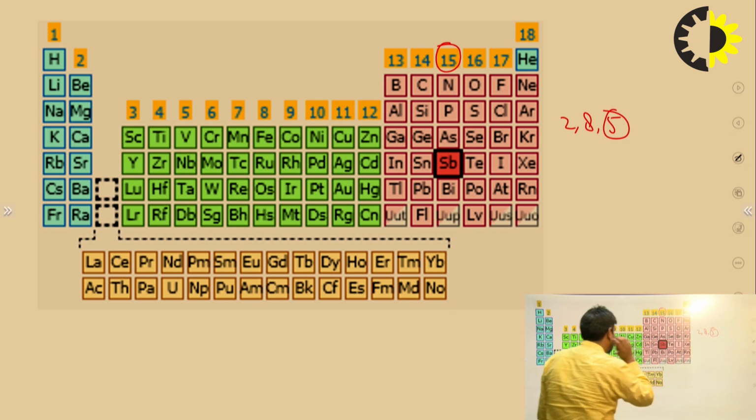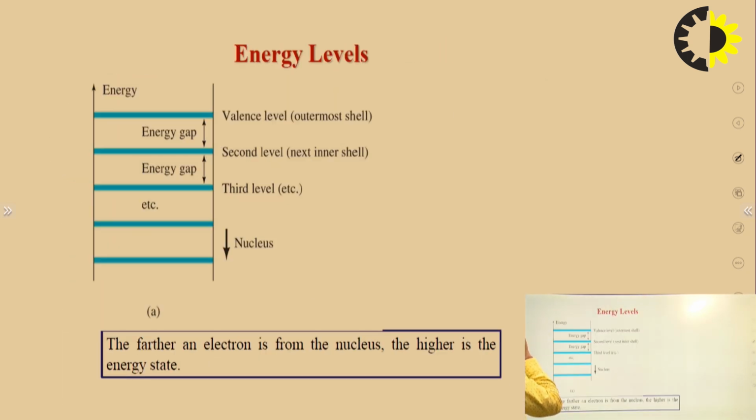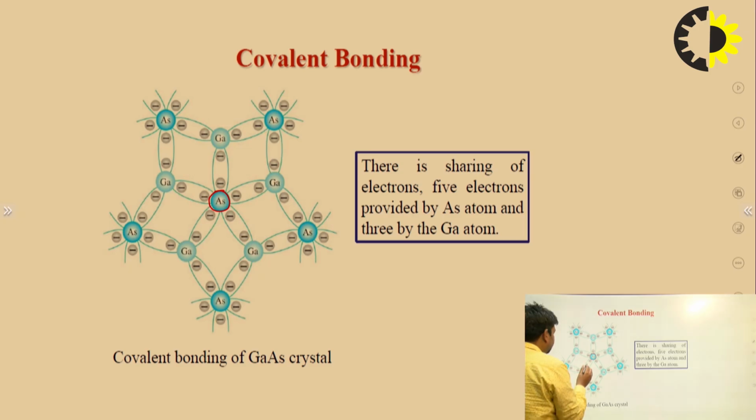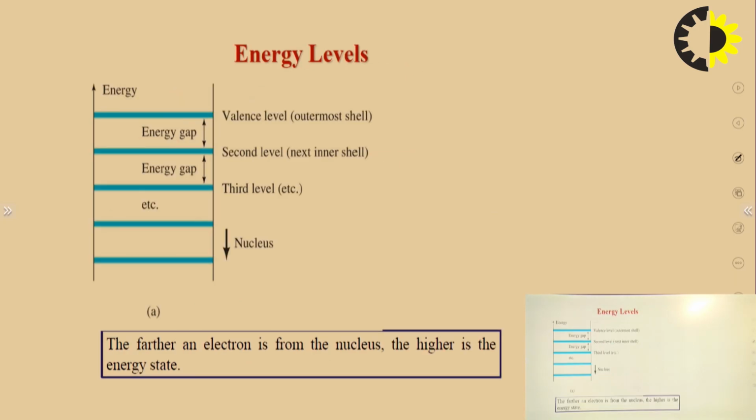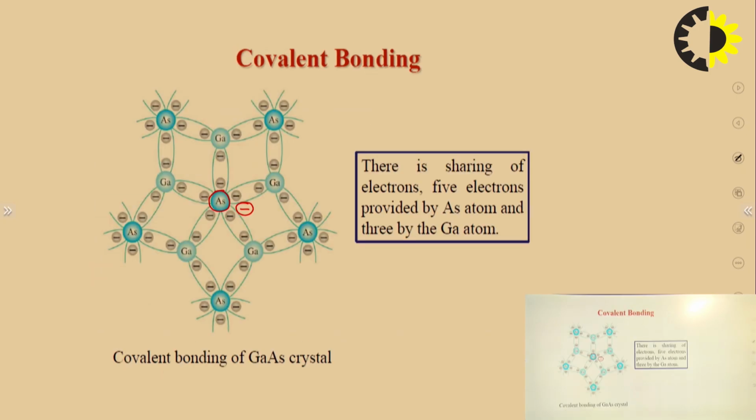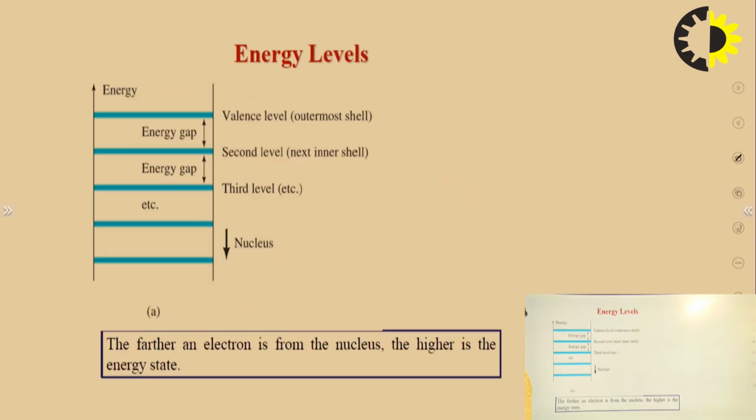So one additional electron is available. That produces an N type material, because the majority carriers are electrons in this compound material. So this is not an intrinsic material, this is an extrinsic material.